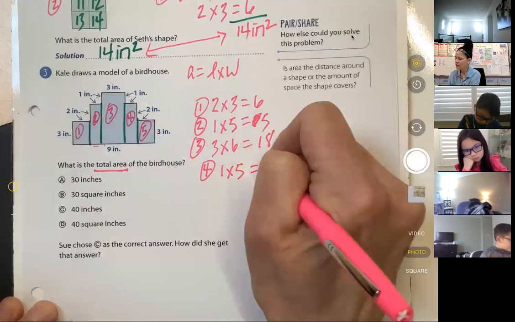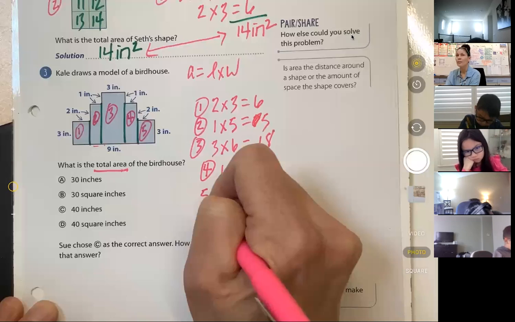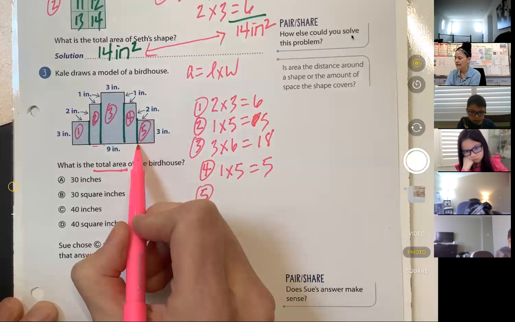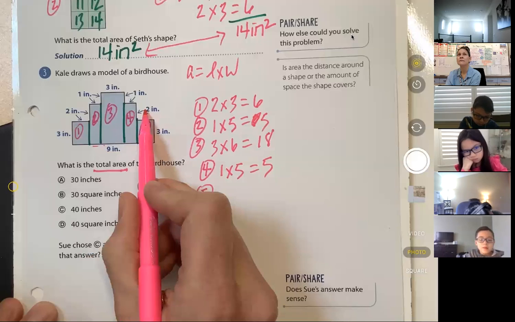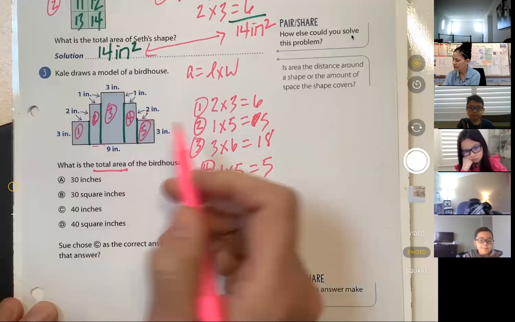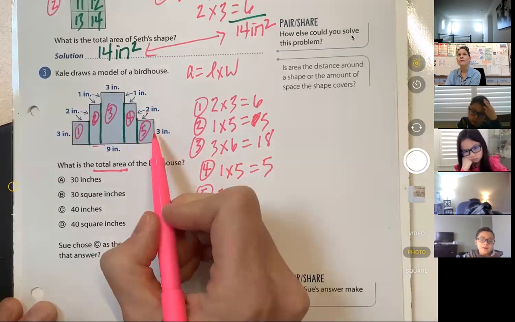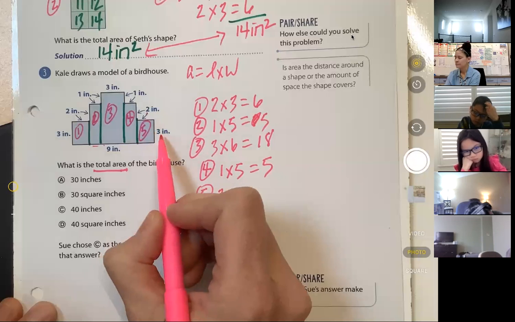So that equals 5. And then let's take a look at number 5. I have a length of 2. How do I know? Because it tells me. Length of 2. What is my width? 3. Because it tells me right here.